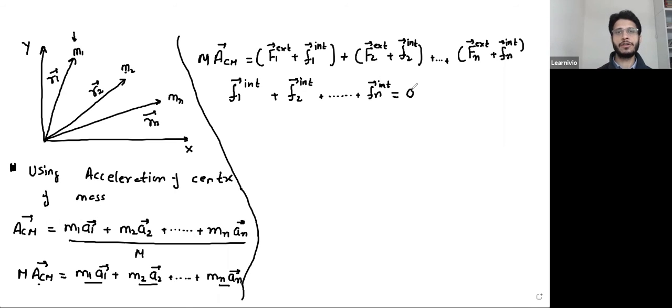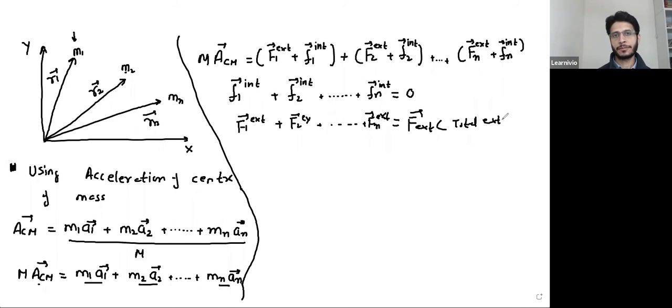The sum of all internal forces is 0. They will cancel out each other. Net internal force on the system is 0. But external forces will not cancel. So F1 external, F2 external, up to Fn external will be the total external force on the system.